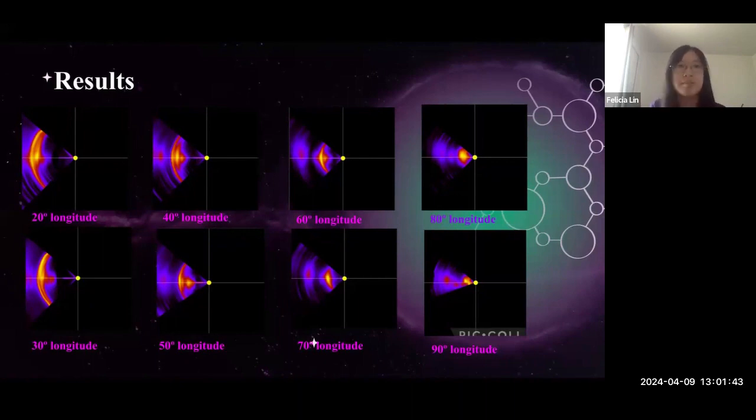But from these graphs, you could still tell that the other galactic arms that we detected fluctuate up and down from the 0th degree line of the galactic latitude.